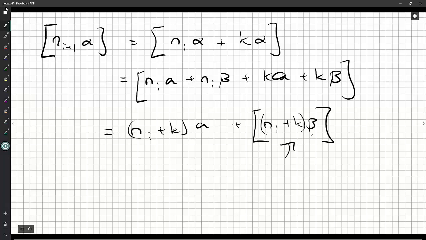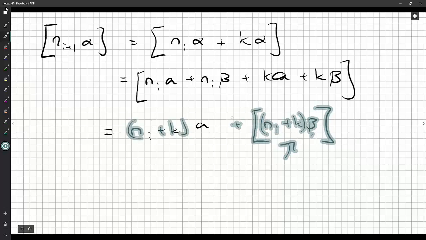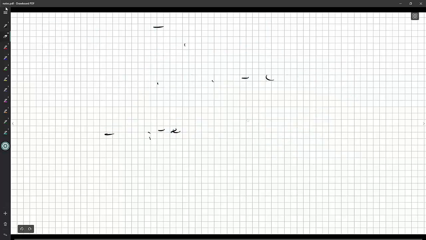Should I use another pigeonhole argument? Not entirely sure. I'm not liking what I've written here. So let's try something else. What would a pigeonhole argument even look like? I think the problem is you can't keep adding k times beta.